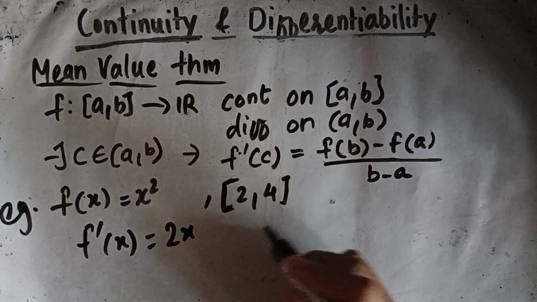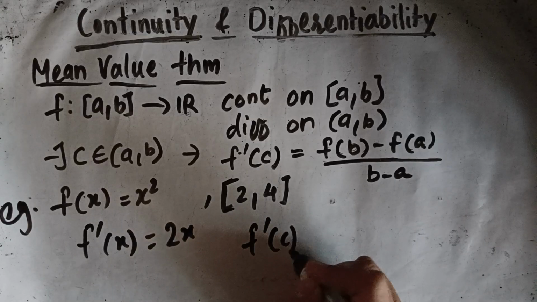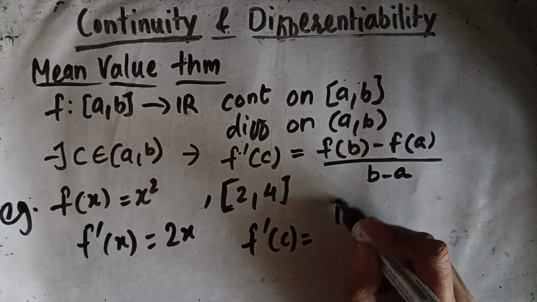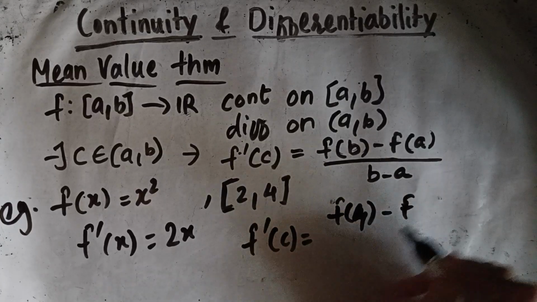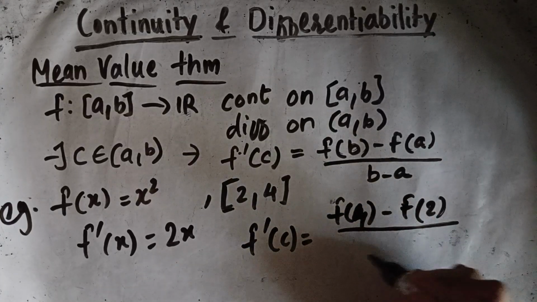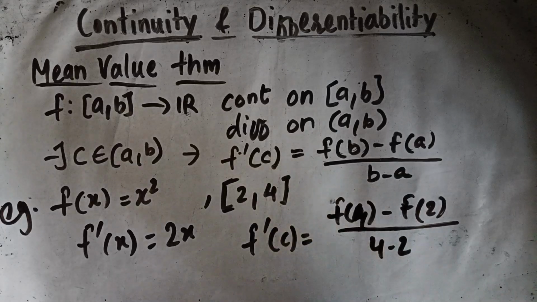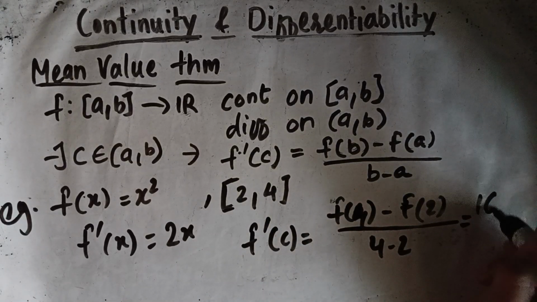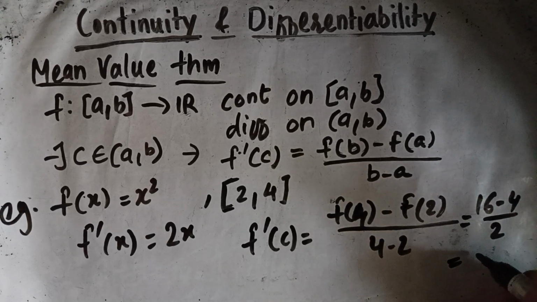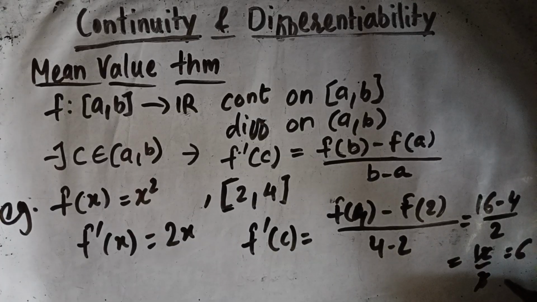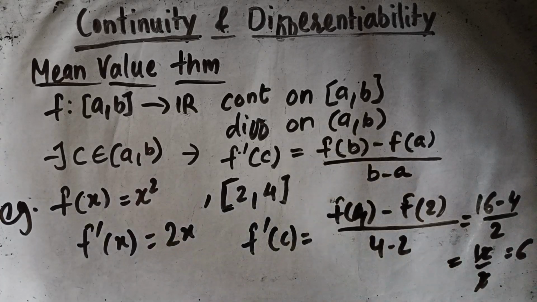Now we have to see f dash of c equals f of b minus f of a upon b minus a. F of 4 is 16, f of 2 is 4, 4 minus 2 is 2. So this is 12 upon 2, which is 6.